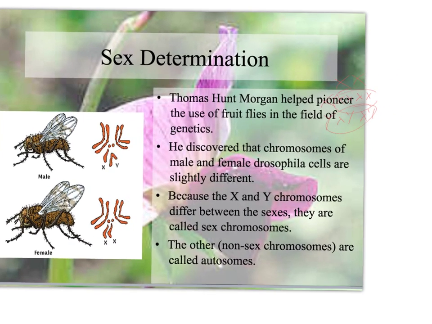You have a 50-50 chance of being female, 50-50 chance of being male. So that's what sex determination is. One of the things that Thomas Hunt Morgan found that was interesting was he called all the chromosomes that were not sex determination to be called autosomal chromosomes.